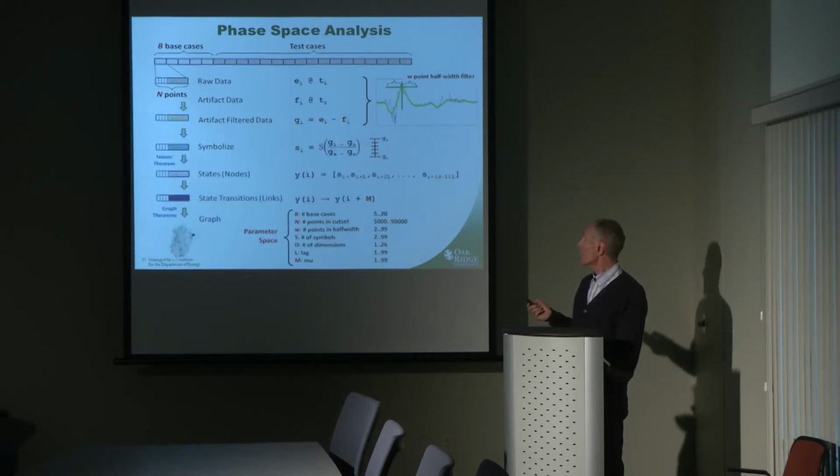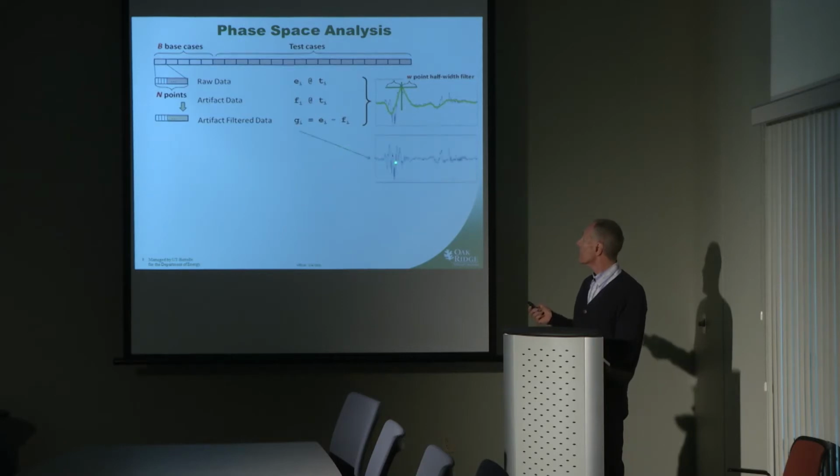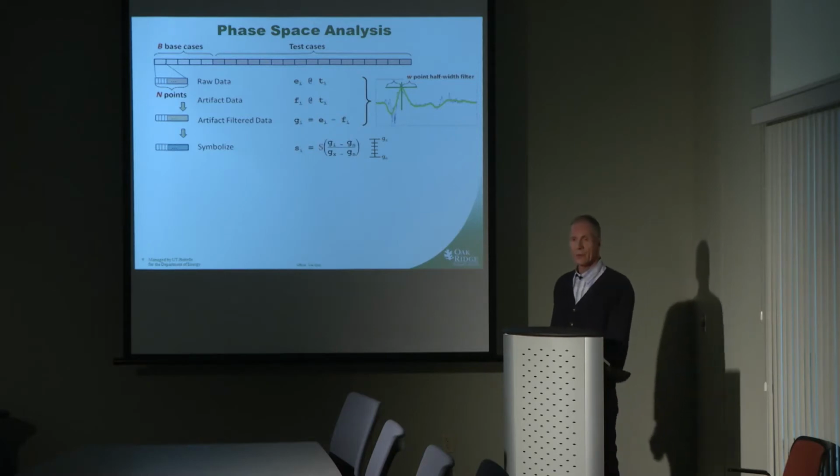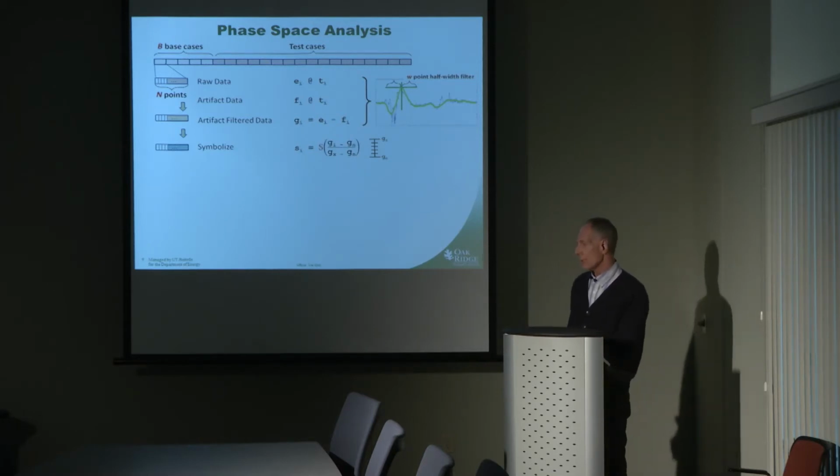So we then take this data and we symbolize it. So there is some minimum in this data and some maximum in this data. And the symbols, the rest of the symbols, we then convert those into these discrete values. So the number of those symbols may be a small number, 3, 5, 7, or some other smallish number.